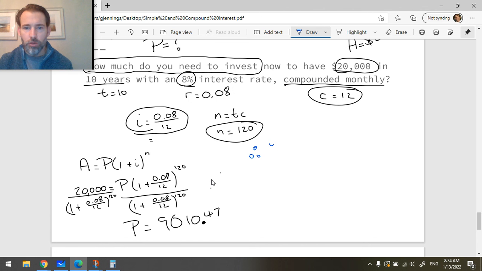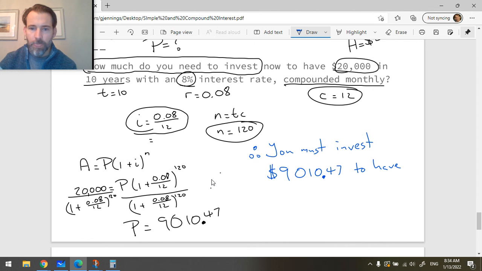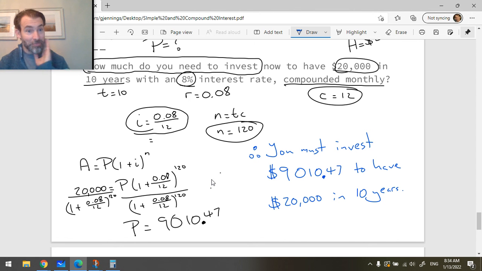Therefore, you must invest $9,010.47 to have $20,000 in 10 years. There. That's how you do that type of thing.